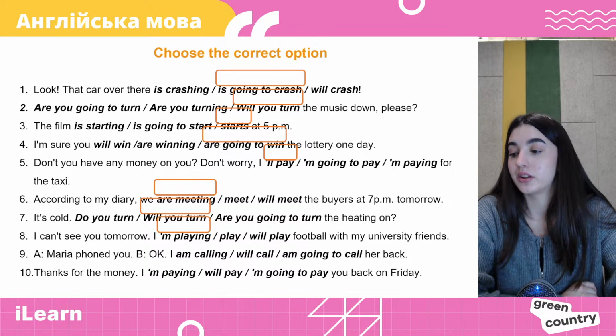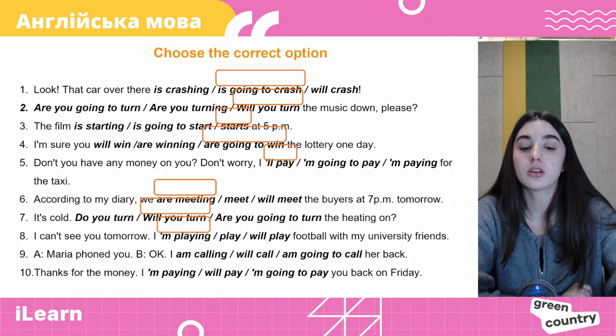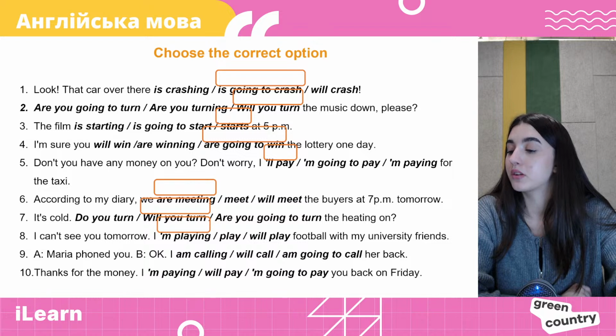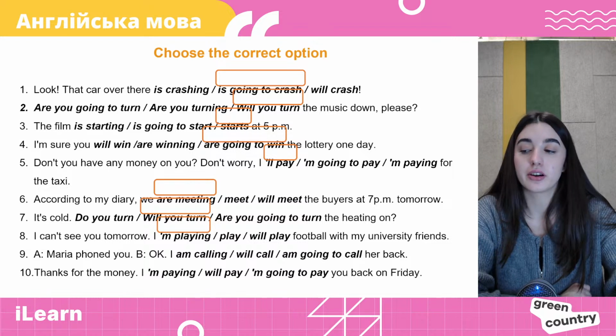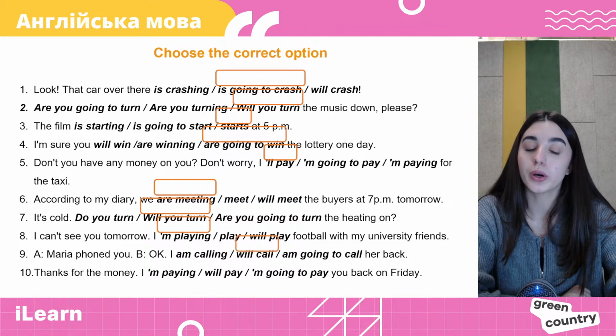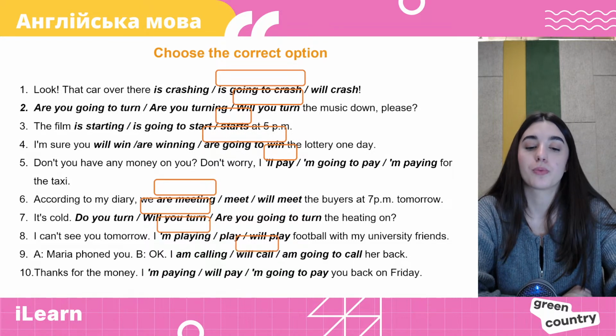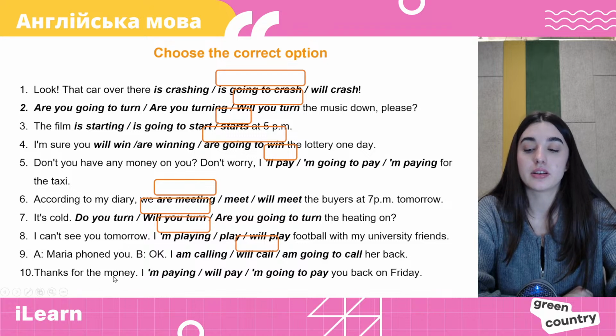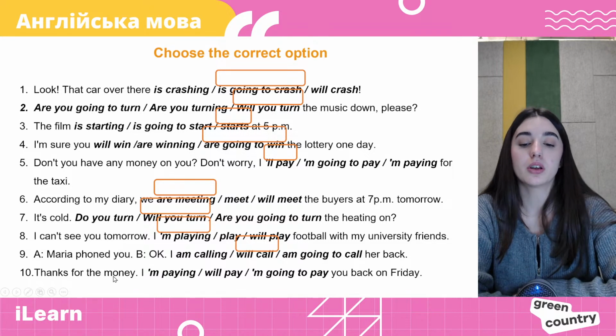All right, Anastasia, thank you. You're writing the answers very, very quickly. Yeah, I will call her back. Thank you. Okay, and number 10, it will be the last one.